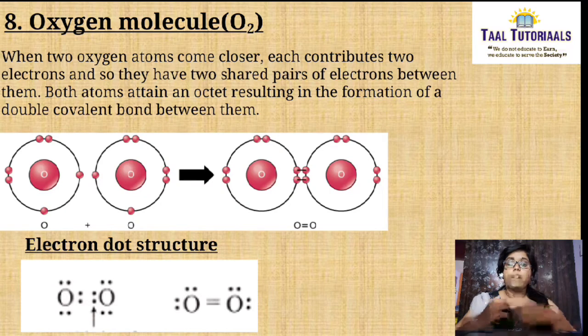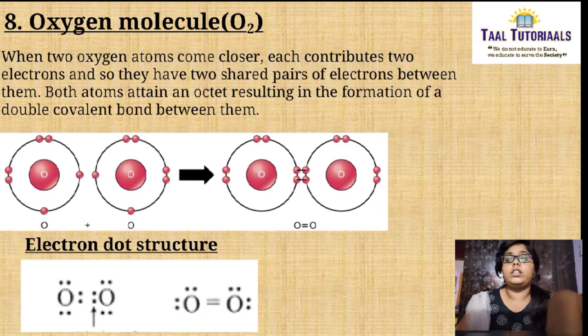So 2 oxygen atoms come closer, and there is sharing of electrons between them. Both atoms attain an octet, resulting in the formation of a double covalent bond. As they are sharing 2 electrons, there is a double bond between them.